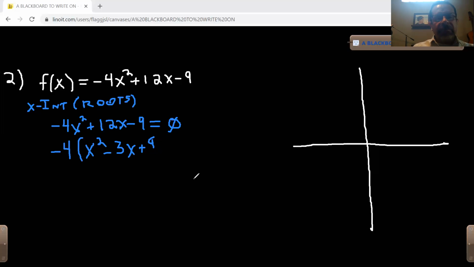By the way, while I'm doing this, because this is one method of doing it, all of you, please try to find the roots using the general formula. You should get to the same thing I'm going to be getting to here.